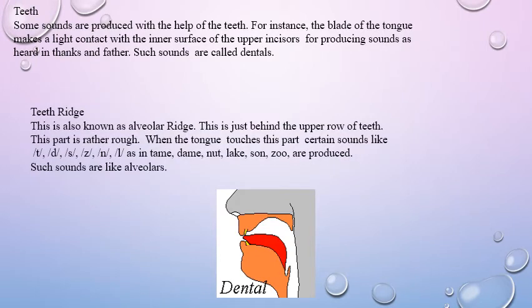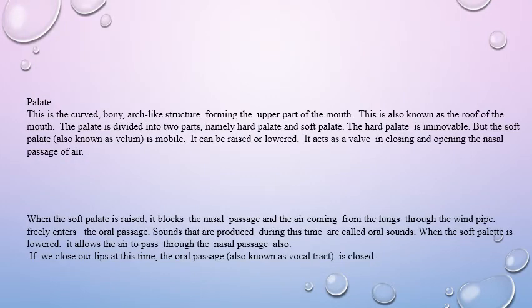When the tongue touches the alveolar ridge, the part that joins the upper row of teeth and the hard palate, such sounds are called alveolars. For example, tame, dame, nut, lake, sun, zoo are produced.